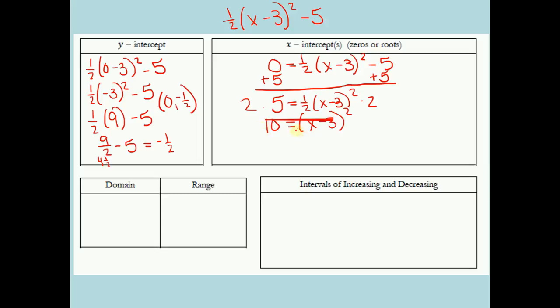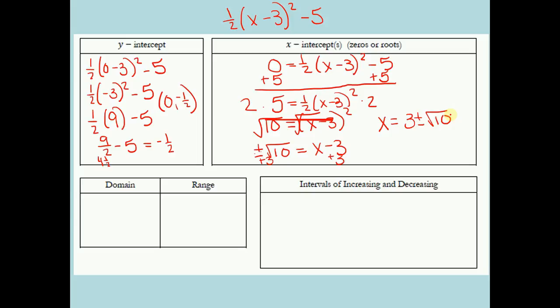Whoops, I went off to the side again. Square root both sides. So I get plus or minus the square root of 10 equals x minus 3. Need to add 3. So x equals 3 plus or minus the square root of 10. That is my two x-intercepts.